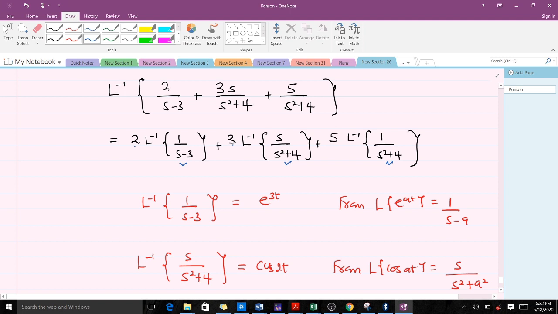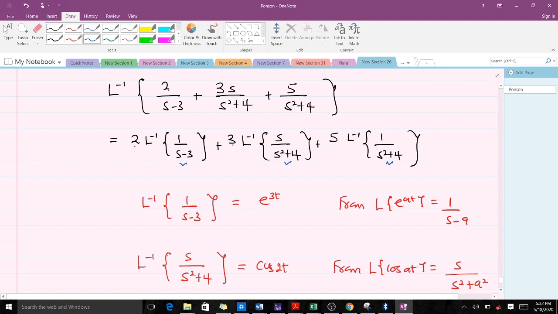Alright, and know that the Laplace inverse of s over s squared plus 4 is simply cos 2t, and this is because Laplace of cos at is just s over s squared plus a squared. I hope you get it. So here we have 4, so a is the same as 2 squared, so cos 2t.